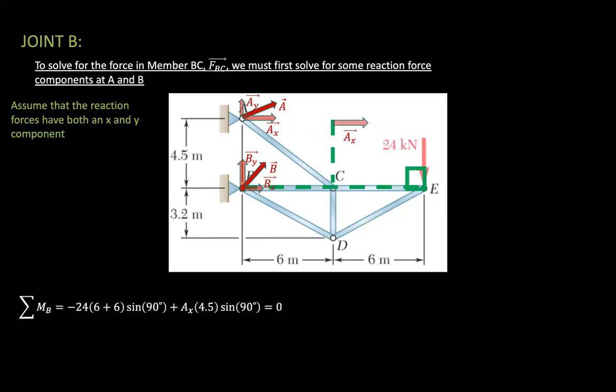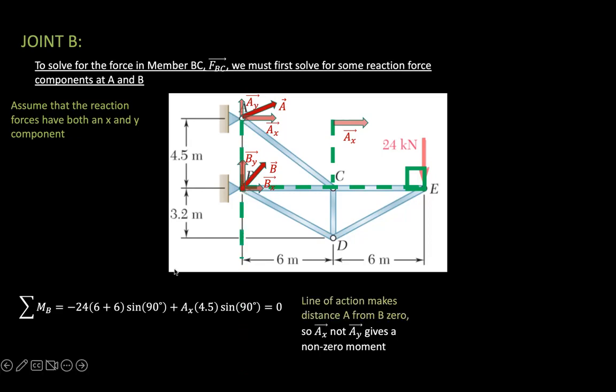The sum of the moments must be equal to 0 because this whole structure isn't turning. So it's in static equilibrium. For static equilibrium, we must have that the sum of the moments is equal to 0 and that the sum of the forces is equal to 0. The line of action makes the distance A from B 0. So we use the X component of the A reaction force and not the Y component, because the Y component doesn't give us any moment.